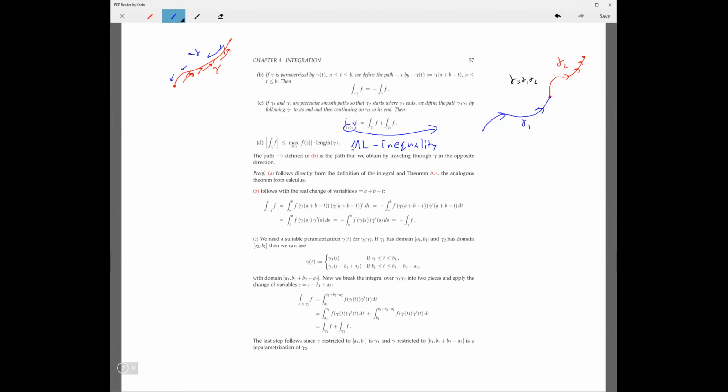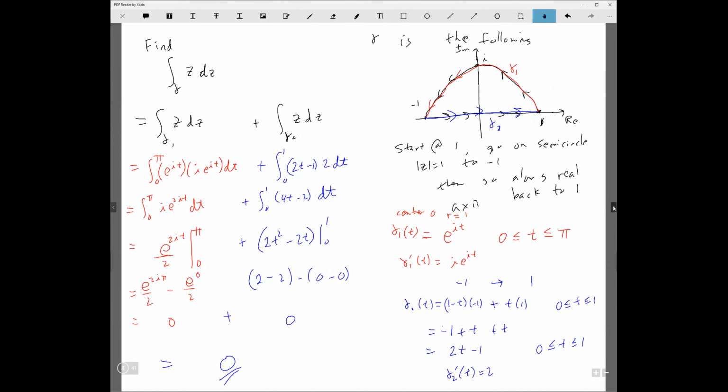That would be the M part, the maximum, times the length, and that would be the L part, the length of the curve. So that's the ML inequality, and that's an important inequality. I think it will come up later. We'll refer back to this. I'm not sure if it's needed for this section though.